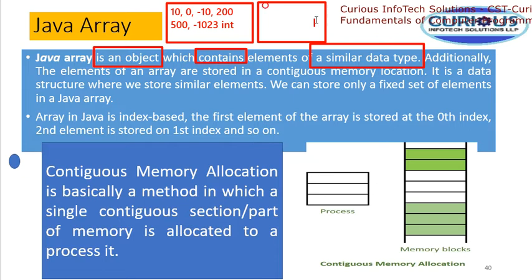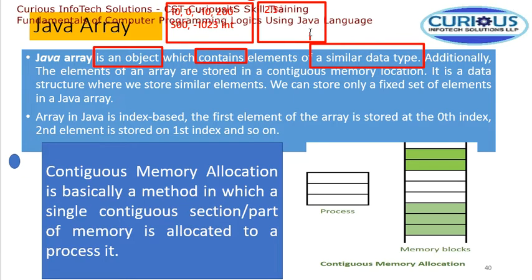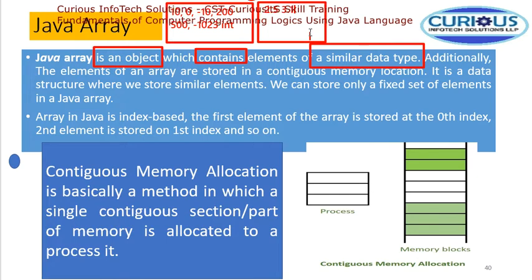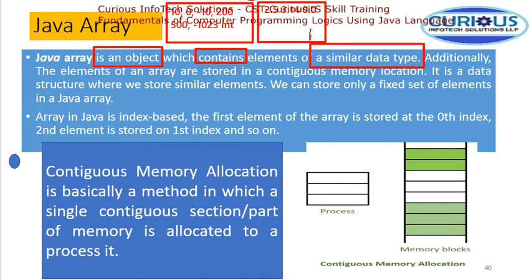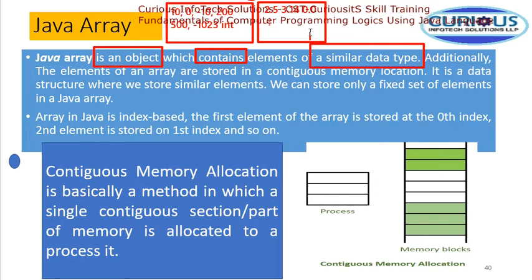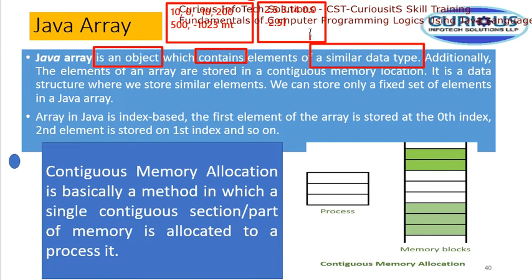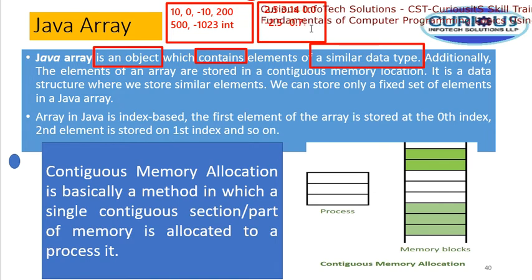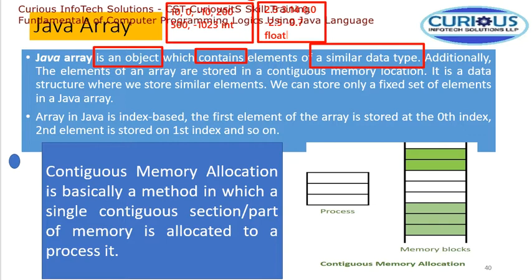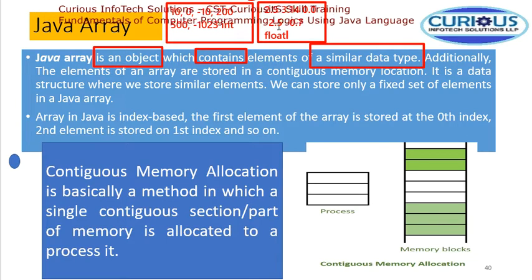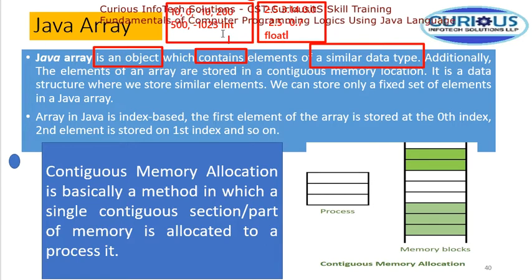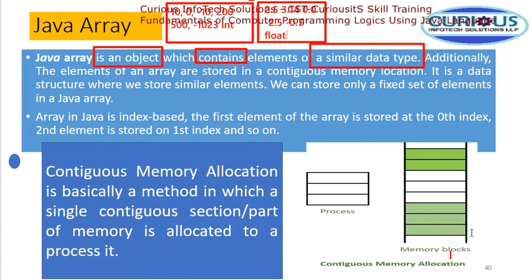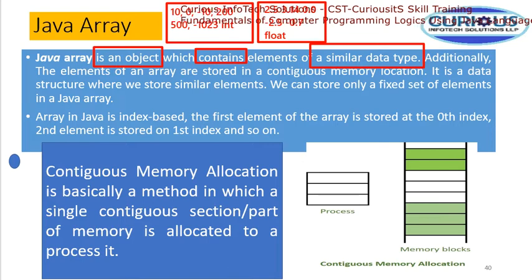Likewise, we can make a domain, say 2.5, 3.14, then 0.0, minus 2.5, minus 0.7. So all these kinds of values belong to one domain that is known as float.